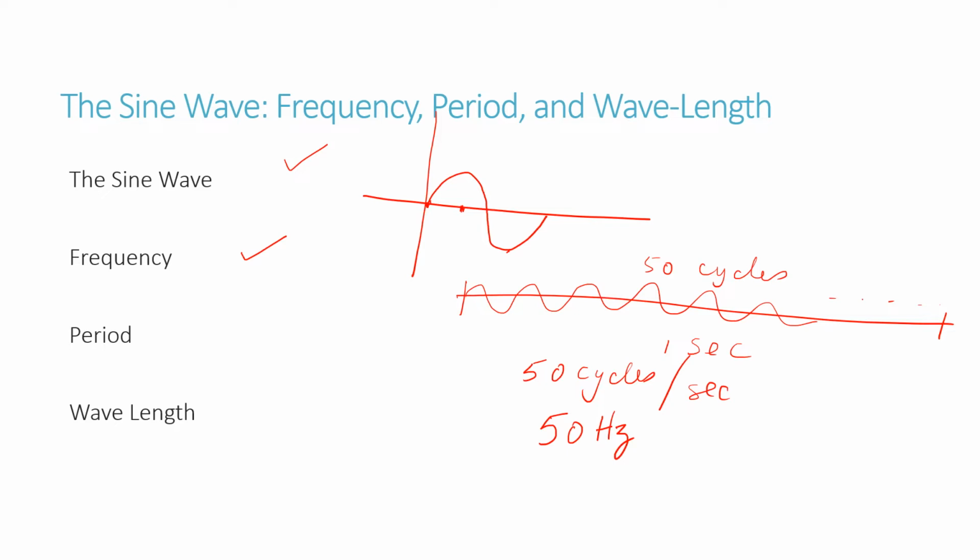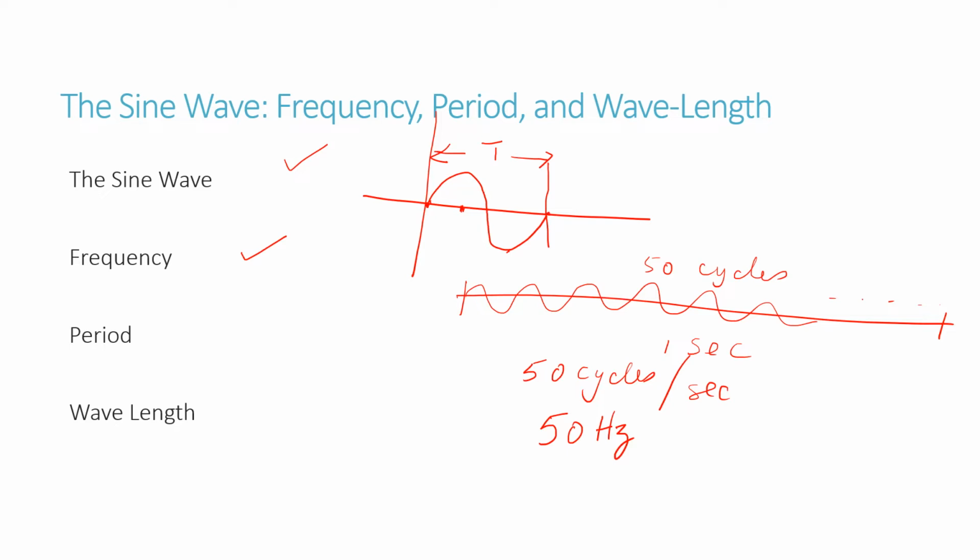So let's move on. Period. What is the period? Period is the time, the duration of one cycle. So it is the time from a beginning point to another beginning point.